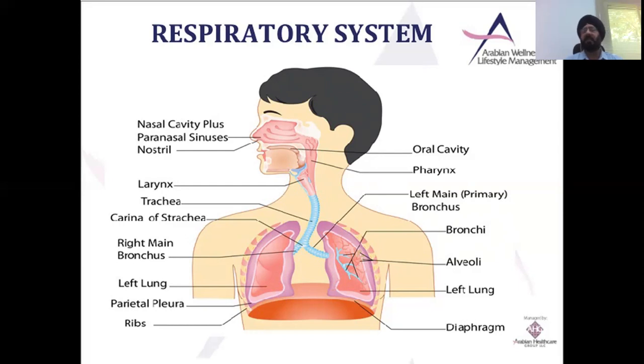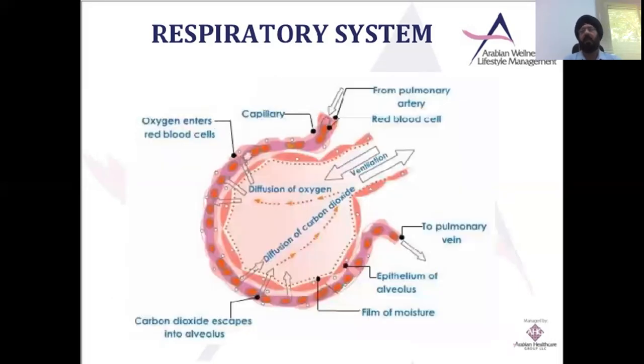The gaseous exchange happens in the terminal end of the bronchioles at air sacs, small air sac structures called alveoli. Now, the respiratory system has various functions to play, like pulmonary ventilation, external respiration, internal respiration, transportation of gases, gas exchange, and homeostatic control of respiration.